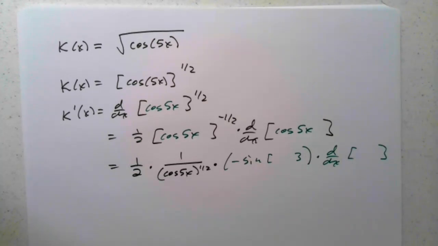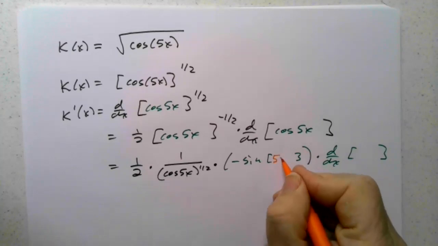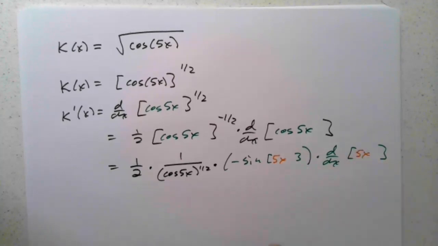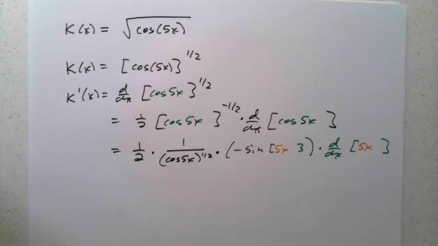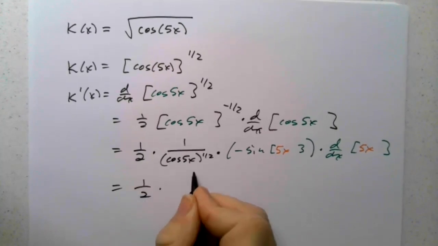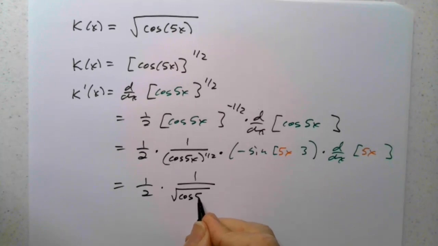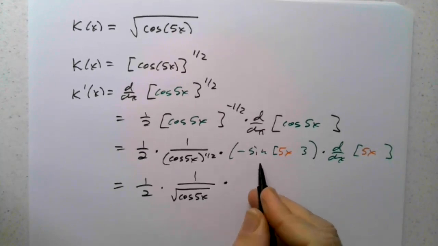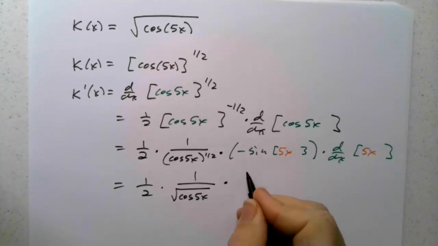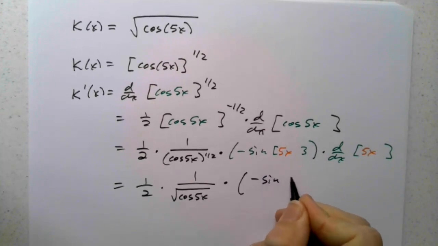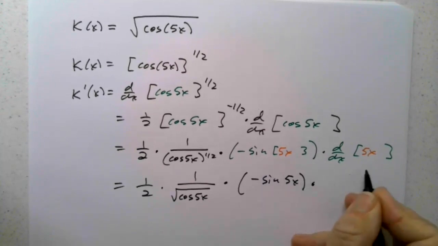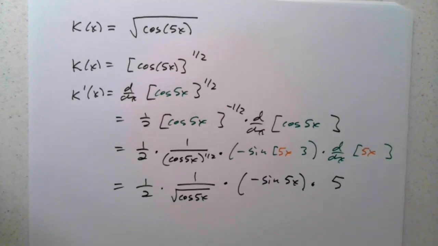So minus the sine of 5x times the derivative of 5x. So where does that put us? We are now at 1/2 times 1 over square root of cos 5x, times upstairs, negative sine 5x, times derivative of 5x, which would be 5.